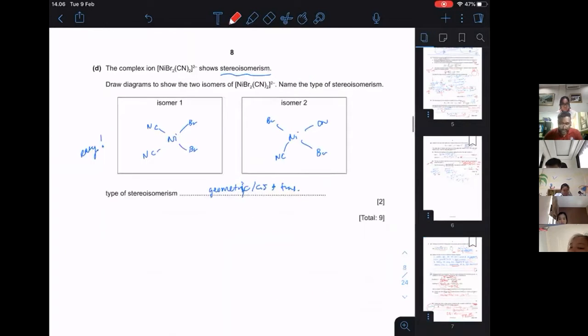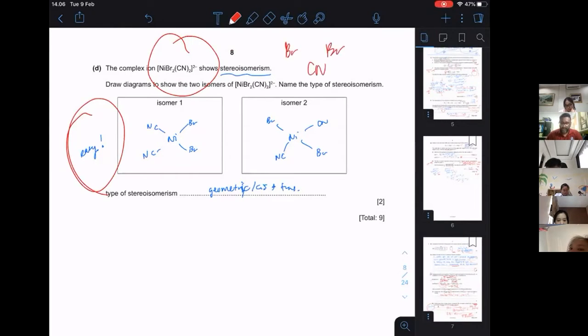And then here, the complex ion question is also very easy compared to the previous questions that we have done on this. They have given the ligands: you can see the ligands are Br, Br, CN, and CN. We need to identify and name the type of isomerism.